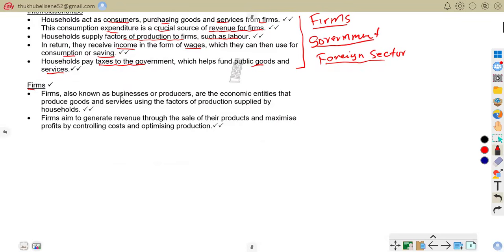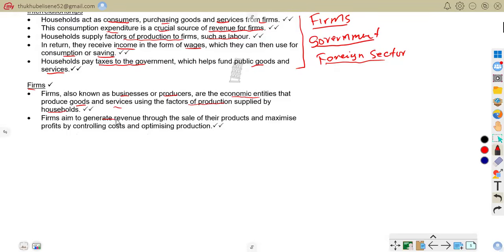Firms, also known as businesses or producers, are economic entities that produce goods and services. They manufacture using factors of production supplied by households: land, capital, and labor.